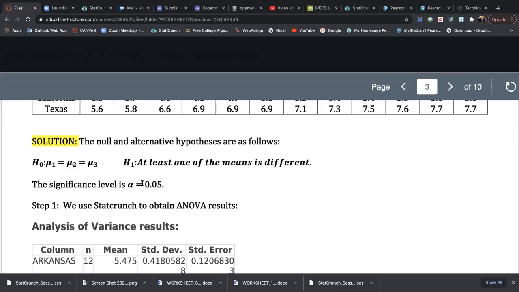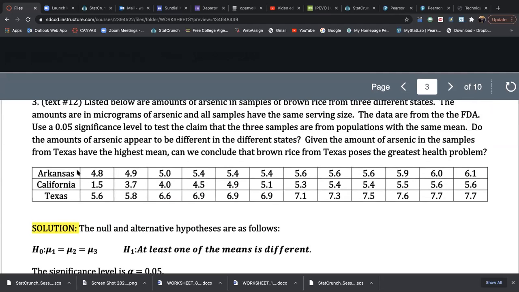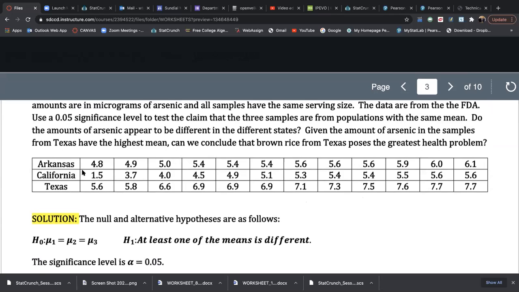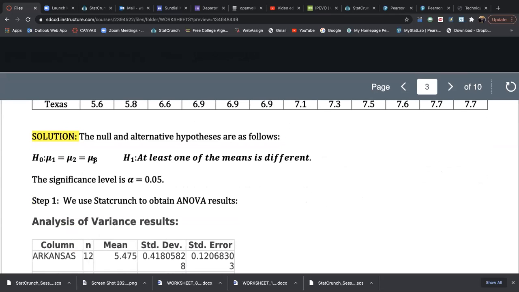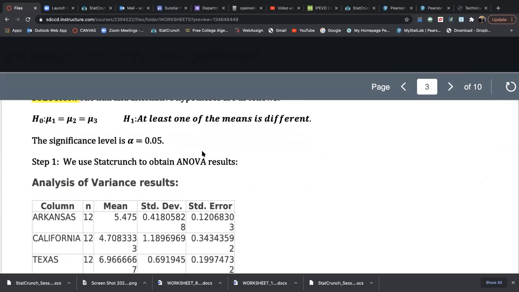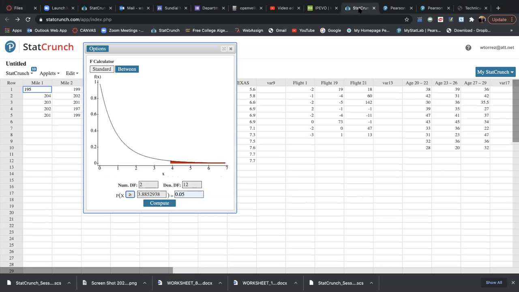And our null hypothesis is that the mean number of micrograms of arsenic, okay, that these means are all the same, versus the alternative that at least one of the means is different. Okay. Again, we'll set the significance level equal to 0.05. And now let's go back to StatCrunch and perform our test.